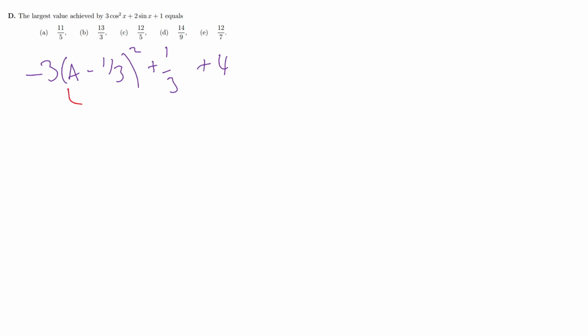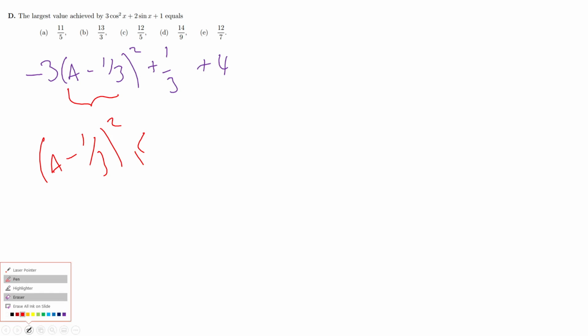So what we had left from that point was minus 3 times a minus 1/3 squared, plus 1/3, plus 4. Because this is something squared, the smallest value that it can be is 0. A minus 1/3 squared must be greater than or equal to 0.